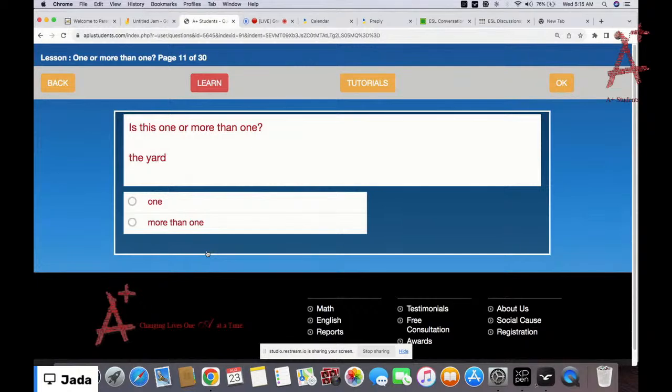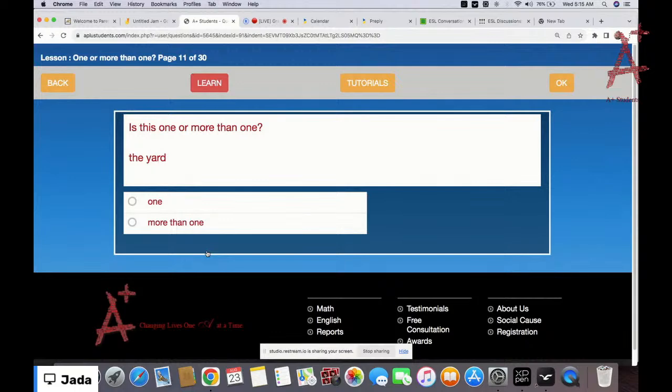So once you see the S, just know that this is plural and it's naming more than one. But if you do not see an S, then you know that it's singular. It's just naming one thing. Okay. So that's basically it.